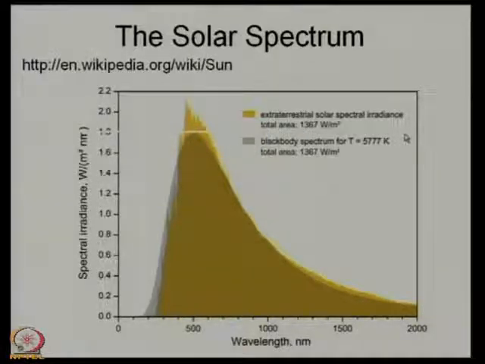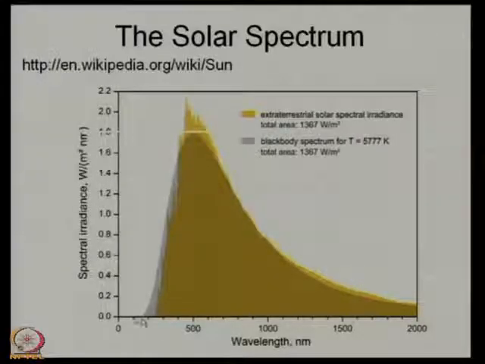So it is a reasonable assumption to think of the sun as a black body with the temperature around 5800 Kelvin, because the black body curve gives a reasonably good fit to the solar spectrum. And the bulk of the radiation actually comes in this visible, ultraviolet and infrared part. So the bulk of the radiation coming from the sun can be well modeled using a Planck distribution, or a Planck spectrum.